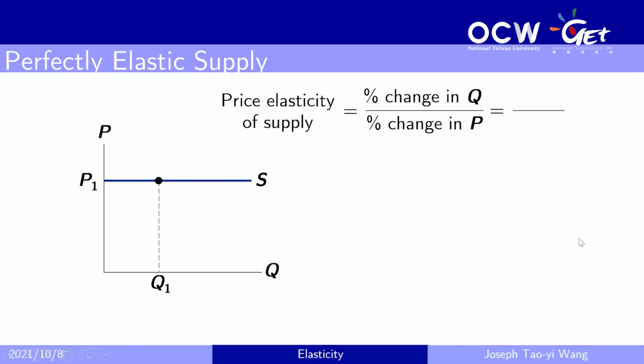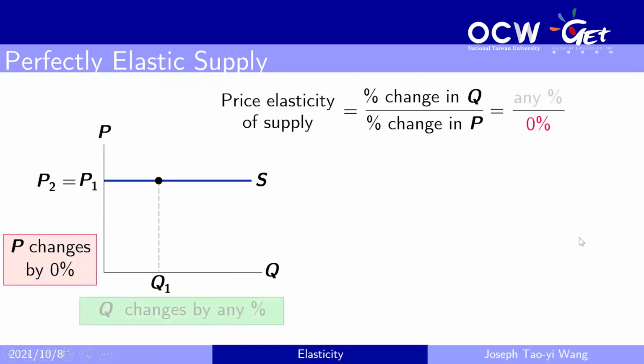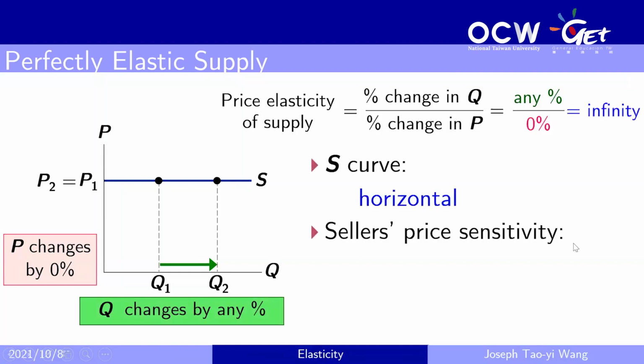Before you hit the limit, the slope is still positive, so it's still upward sloping, but almost flat. If you increase the price by a little bit, quantity supplied basically blows up like crazy. That means you're extremely sensitive to prices, with a price elasticity of supply of infinity, and a horizontal supply curve.